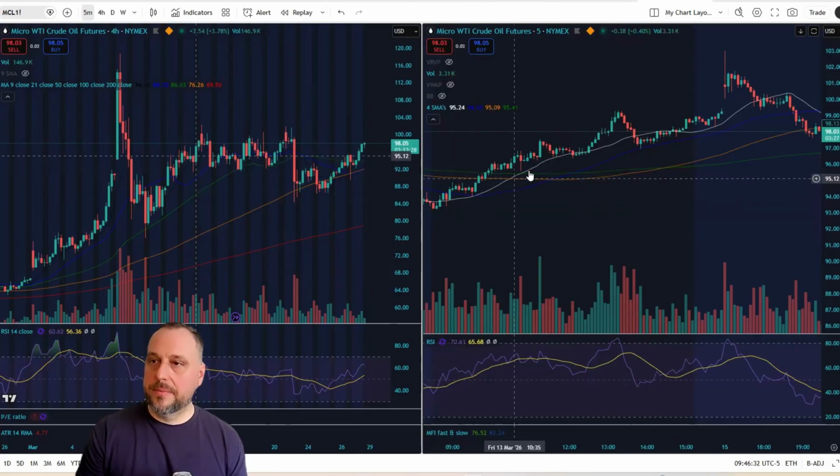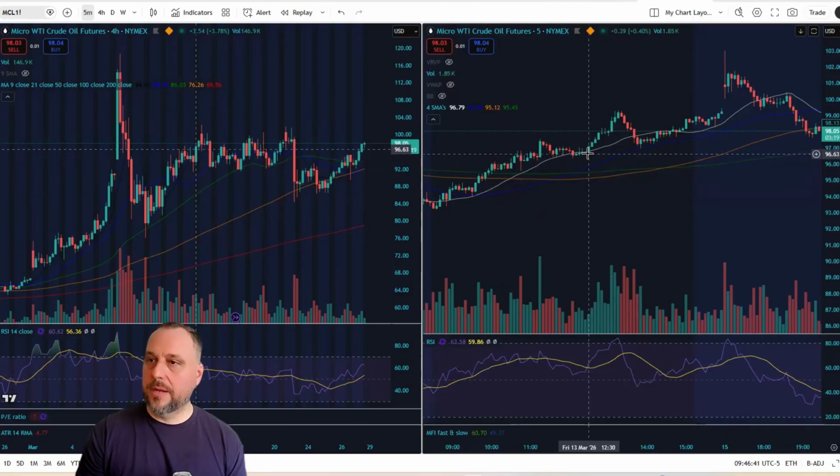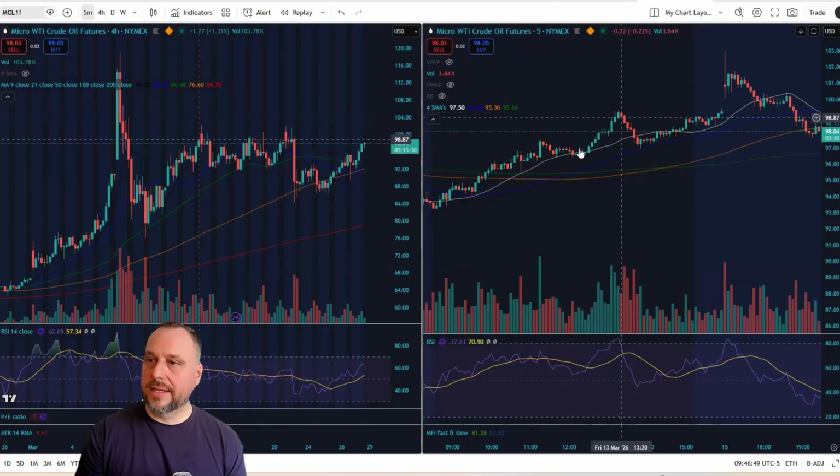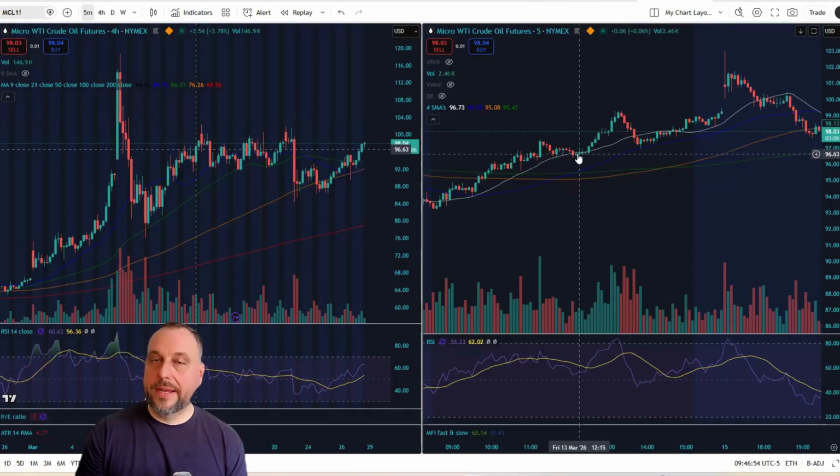Now we talked about this 21 moving average as possibly a reason to take profits or a reason to stay in the trade, one or the other. I mean, it kind of works here. You wouldn't have really gotten a ton of profits if you were taking the break down of that 21 moving average.